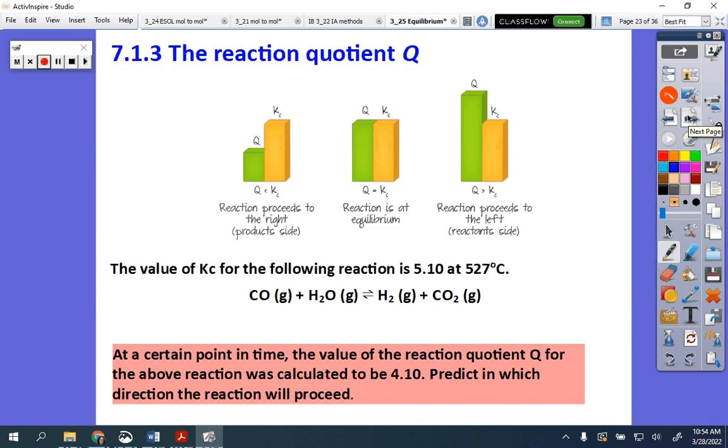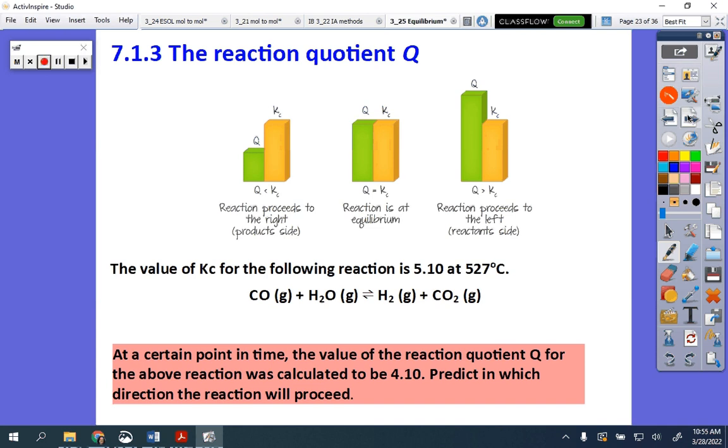All right, so here's an example. We have this reaction: CO2 plus H2O reversibly yields H2 and CO. Carbon monoxide and water reversibly yield hydrogen gas and carbon dioxide gas. The Kc is 5.10 at this temperature.